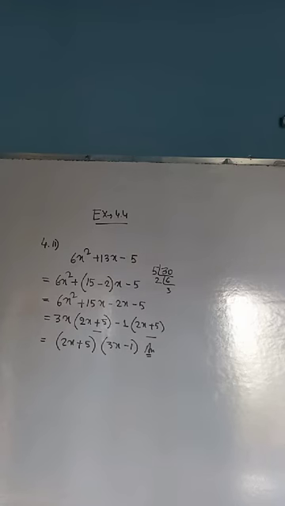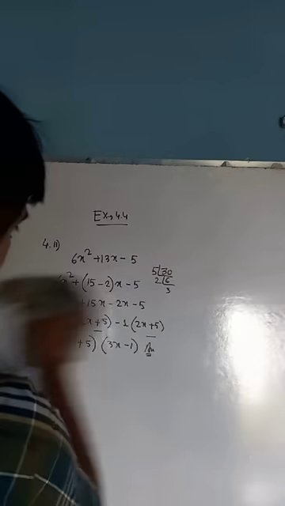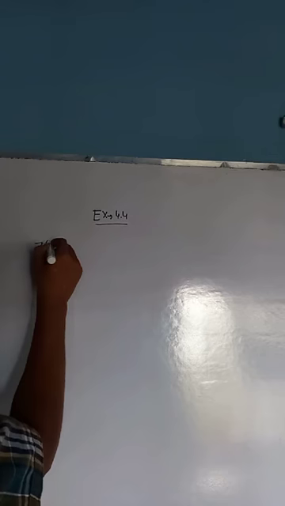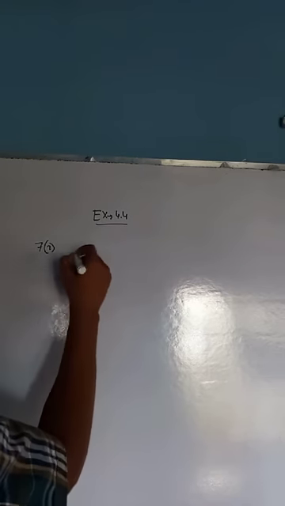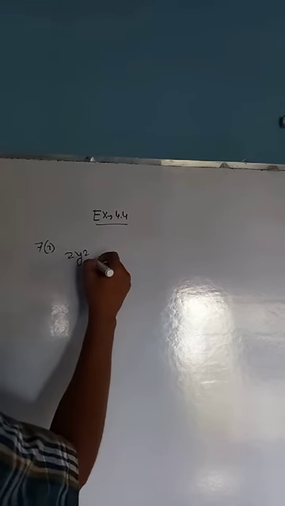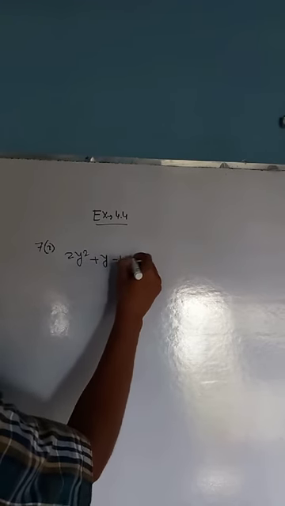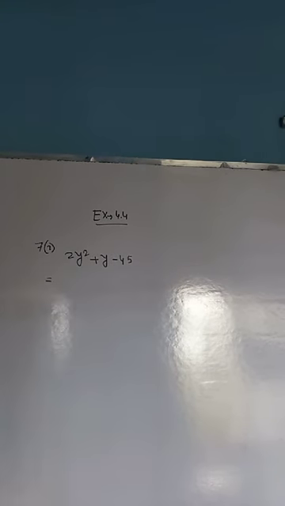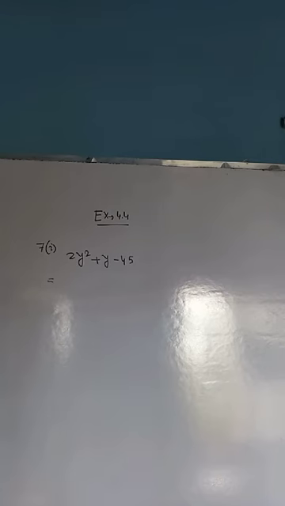Okay. Next, suppose 7, 8, 1: 2y square plus y minus 45. 45 times 2 is 90.